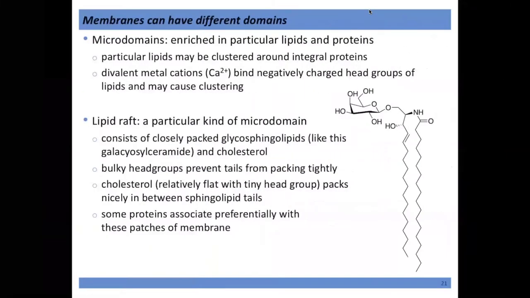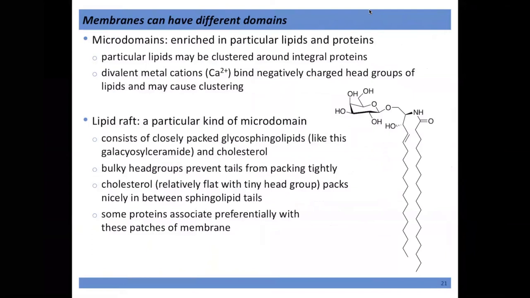So you get these microdomains within an actual cell, and they may be enriched in a particular lipid and/or protein. These particular lipids may be clustered around an integral protein. Sometimes you see a protein that's embedded in the membrane, and it tends to be surrounded by a specific type of lipid.